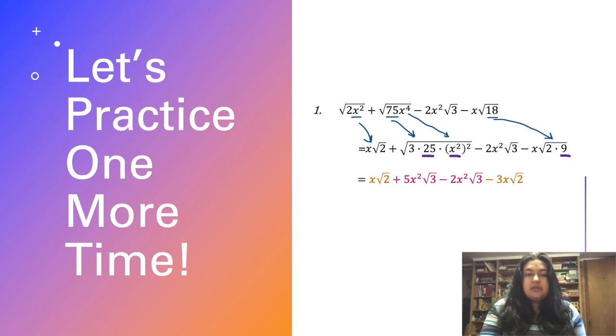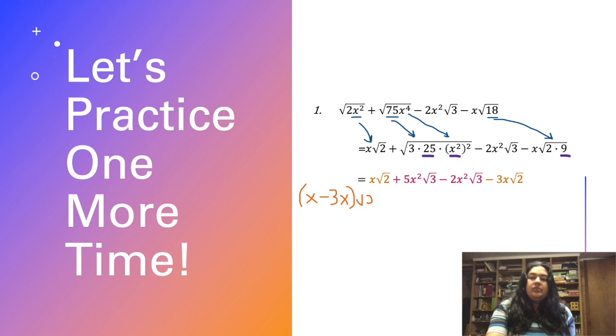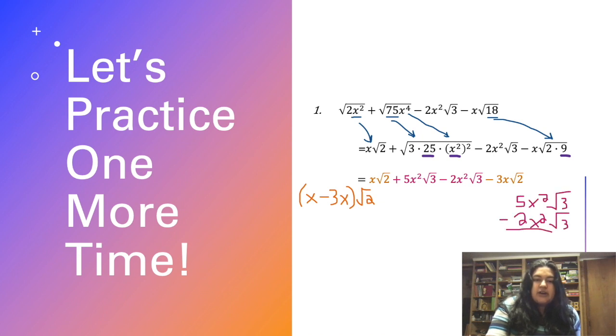So I'm going to combine my like radicals. For the square root of 2, I had x minus 3x. I'm going to write that off to the side, and that's times the square root of 2. And then on my other side, I'm going to write 5x squared times the square root of 3, and I'm going to simplify.